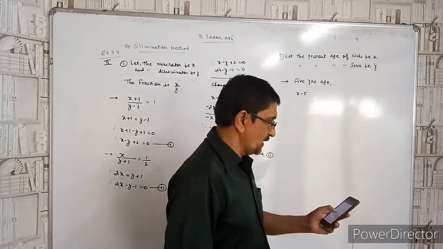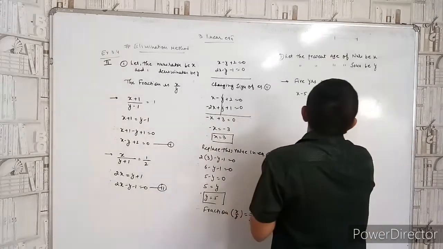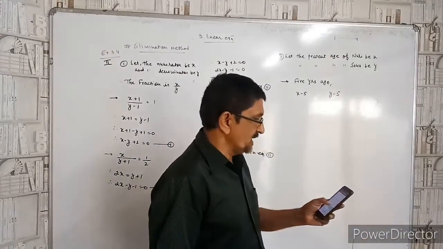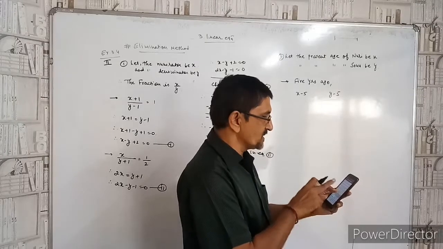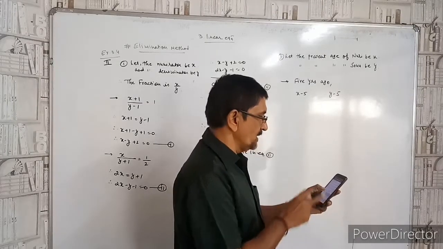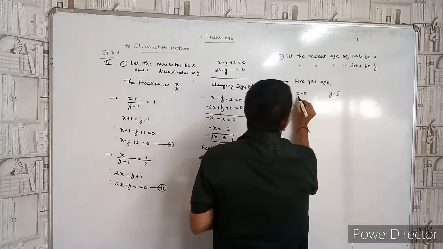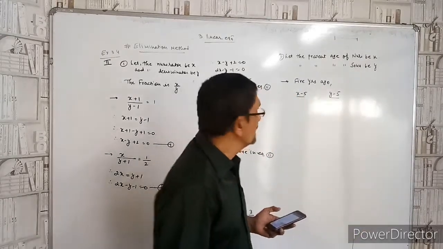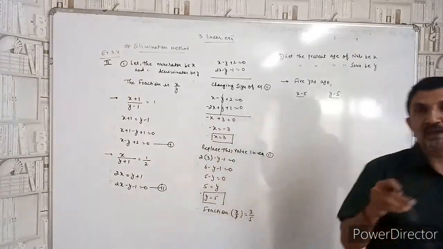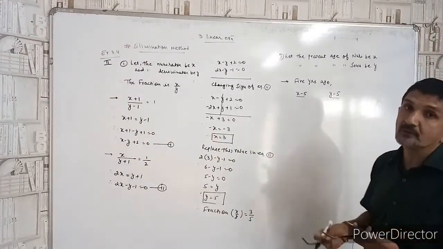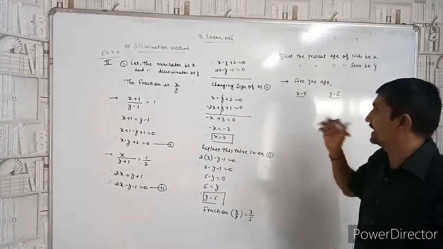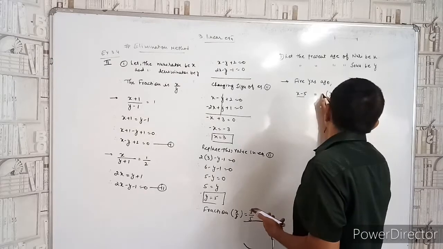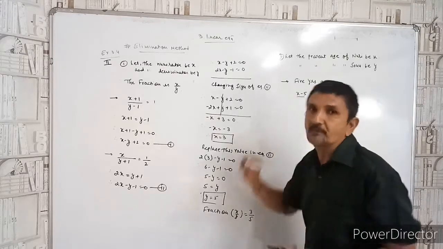And what about Sonu? It will be y minus 5. Now the comparison is given. Noori was thrice as old as Sonu. So that means the age of Noori is 3 times the age of Sonu 5 years back. If I am placing equal to, then if this age is multiplied by 3, both will be equal.